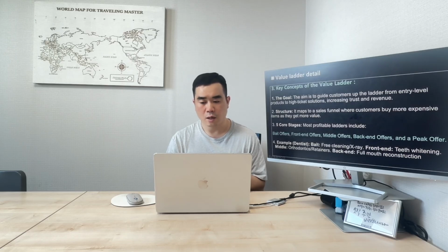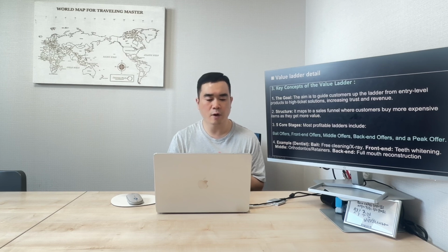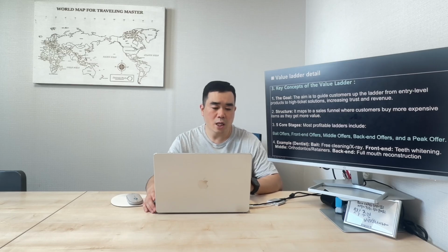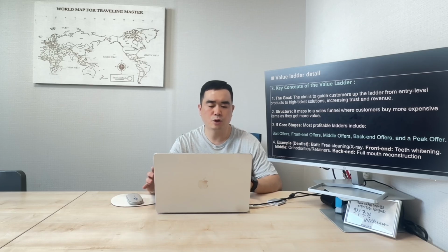Okay, let's move on to the next slide: the key concept of the value ladder. It has four parts. The first part is the goal. The goal, or the aim, is to guide customers up the ladder from entry-level products to high-ticket solutions, increasing trust and revenue.